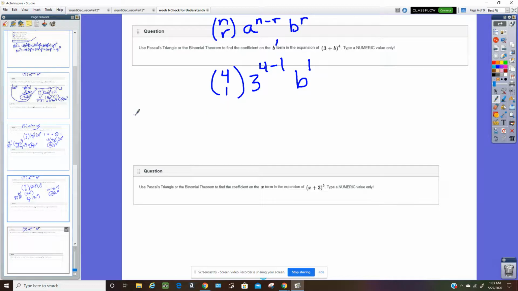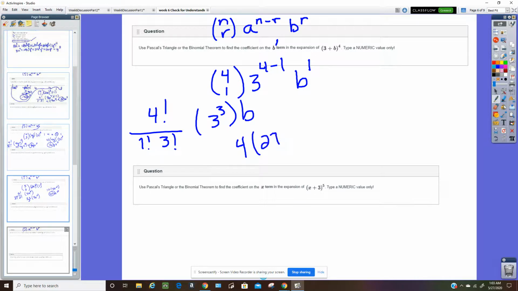So 4 choose 1 is 4 factorial over 1 factorial times 3 factorial. And then 3 to the third times b. So 4 factorial over 3 factorial is just 4. So I have 4 times 27b, which would be 8 carry 2, 108b.